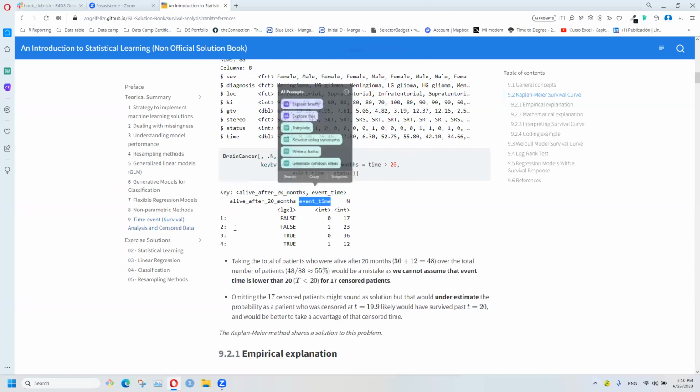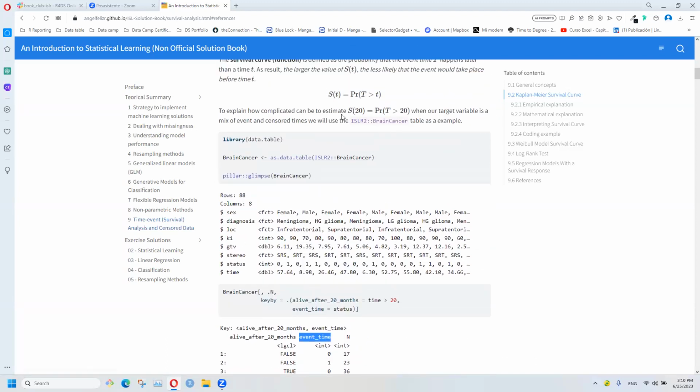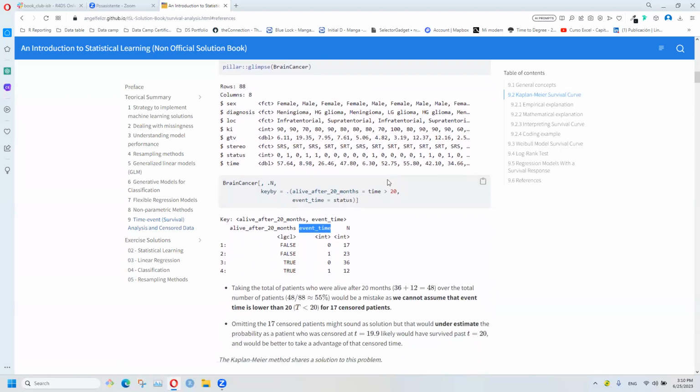So if we try to estimate the probability that the event happens after 20 years, we could think that we could use the total, the 30 plus 12, out of 88 observations where the event didn't happen.